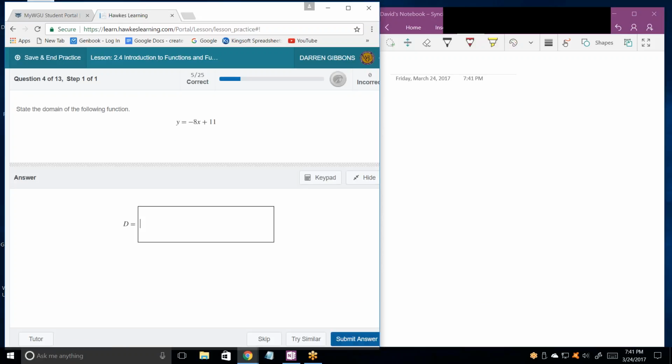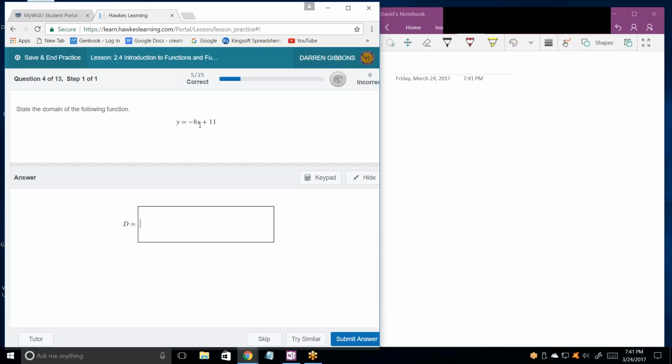What kind of line is this? Is this a curved line or a straight line, this function that they're giving us? Notice that it is in y equals mx plus b format. That's a straight line. Whenever the power of x is just 1, it's linear, meaning a straight line.